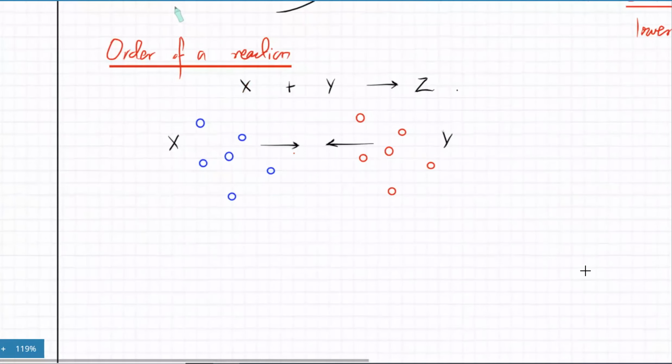So coming back to order of reaction, that's the whole discussion. Now, does the rate of the reaction depend on the concentration of X?